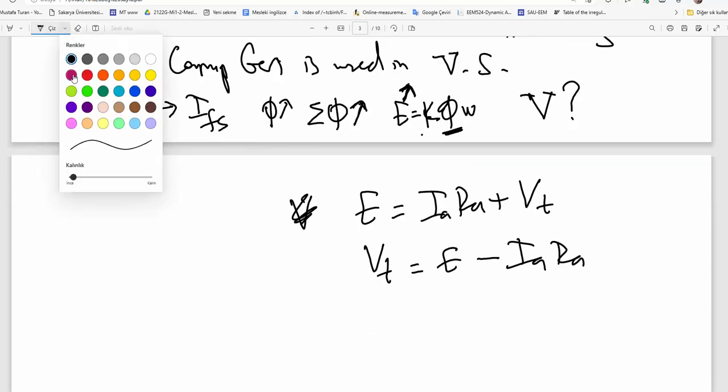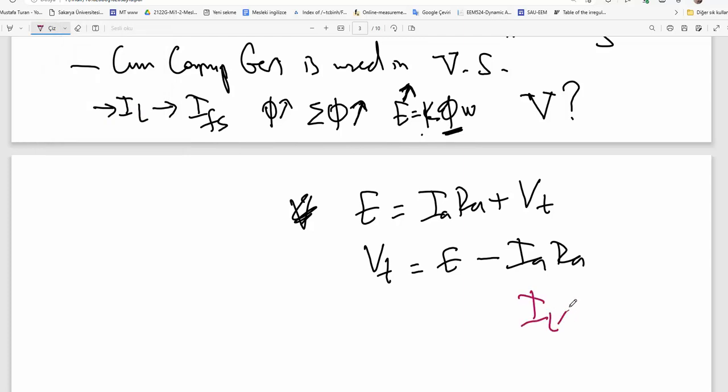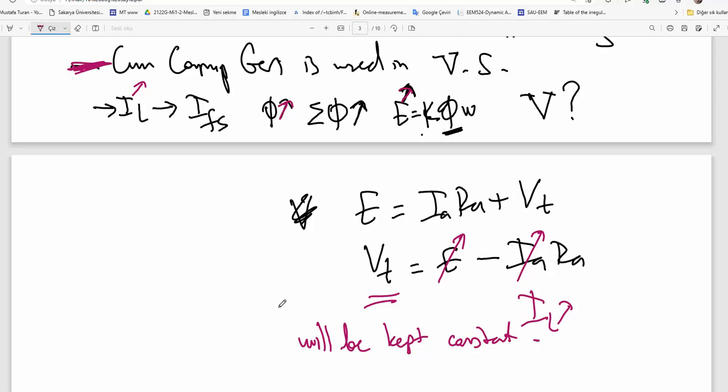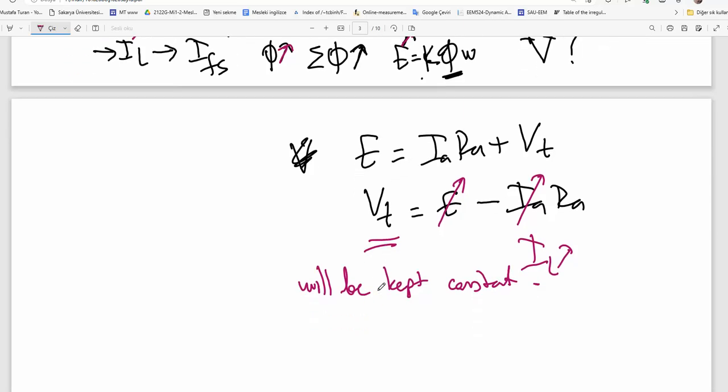Ladies and gentlemen, if you increase load current, there's an increase in armature current, and an increase in flux and EMF. So output voltage will be kept constant. Such a cumulative compound generator yields better voltage regulation.